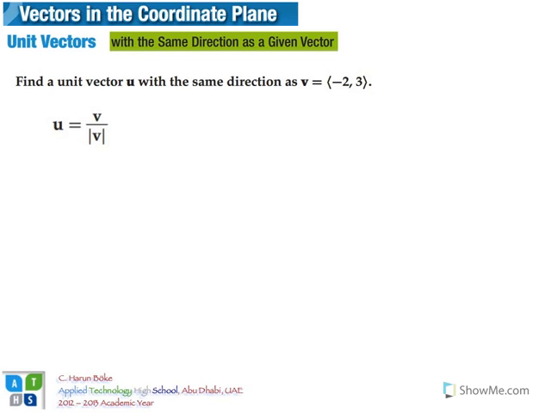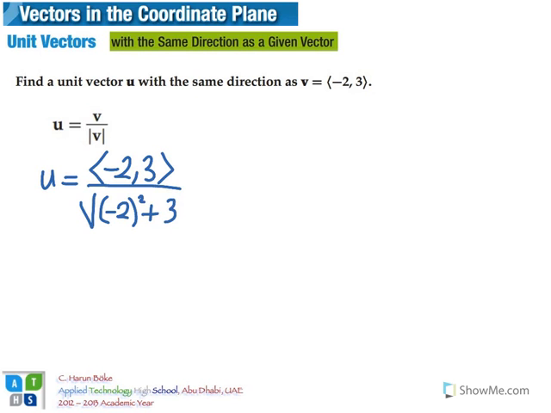So if we substitute the values into the formula, we have u equals, well, what is v? We write the component form <-2, 3> divided by the magnitude, which is the square root of -2 squared plus 3 squared.